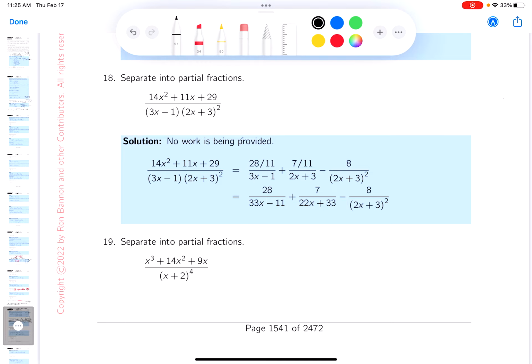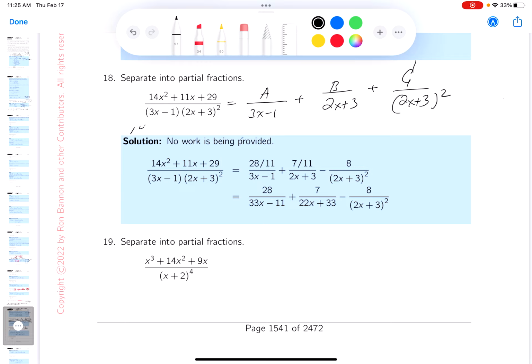Again, it's a pretty straightforward problem, and it might be tedious, but you write down A over a factor 3x minus 1, plus B over a factor 2x plus 3, plus C over a factor 2x plus 3 squared. Multiply both sides by the LCD.